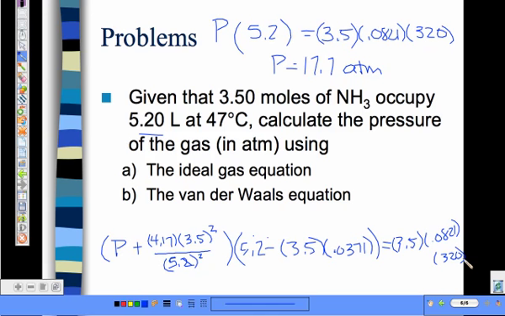Okay, I got 16.25. Can anyone else do it and agree? 16.25?